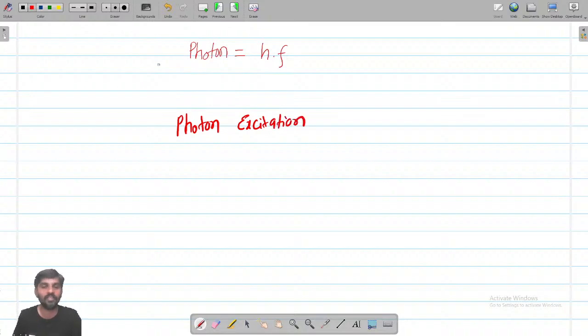Either the electron gets energy from an external field, or photon excitation. What is this photon, sir? Light, when you supply some light to an electron.